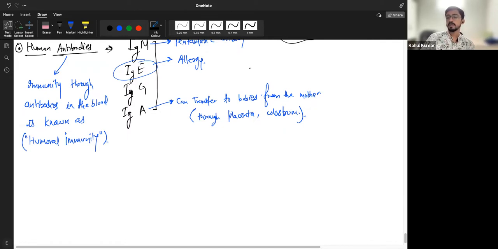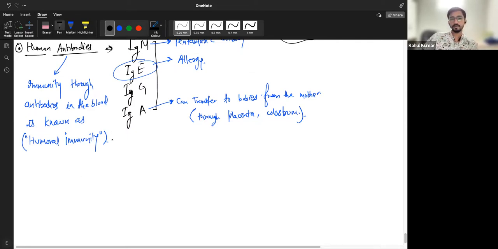Okay. Now apart from that, what do T lymphocytes do, according to you? Yes, they help the B lymphocytes produce antibodies, but just that? So T lymphocytes mediate another type of immunity.